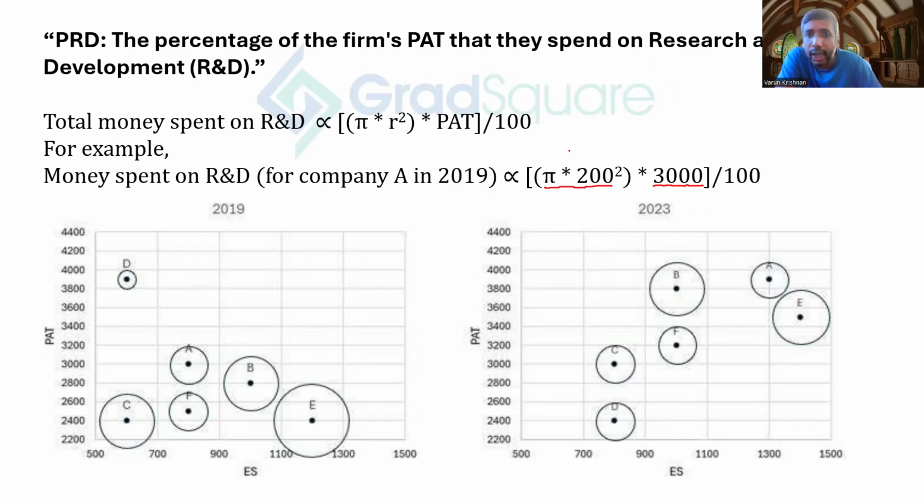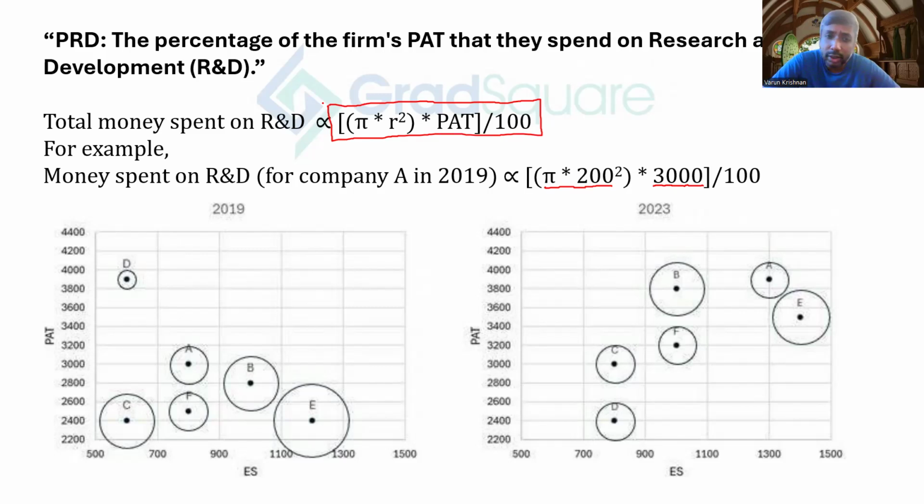This is not exactly the amount which is being spent on R&D, but there's a proportionality. There might be some kind of constant that we have to multiply with it, but at least we should be able to understand this formula we can use to find the absolute R&D spend for every single company proportional to, right? So it is dependent upon the profit after taxes, and it is also dependent upon the area of the circles.